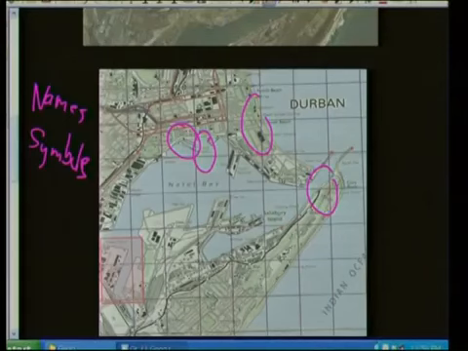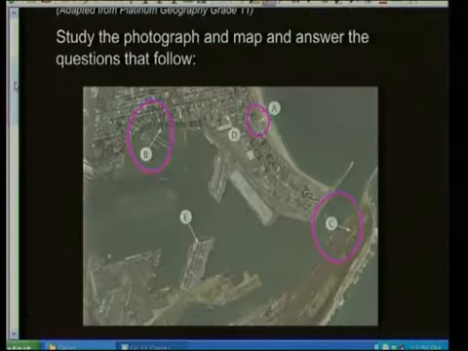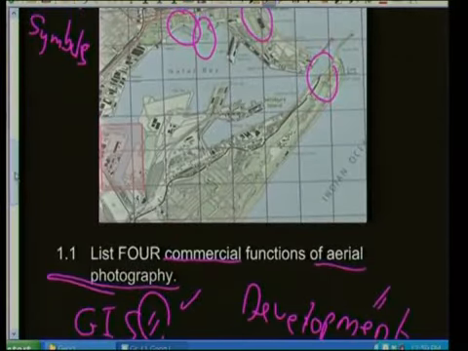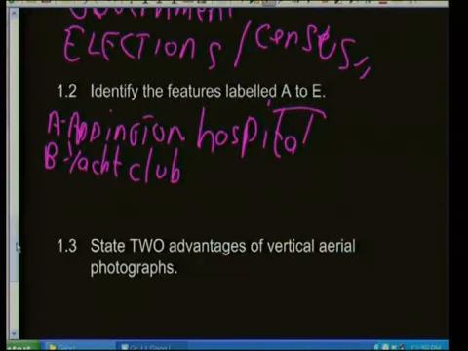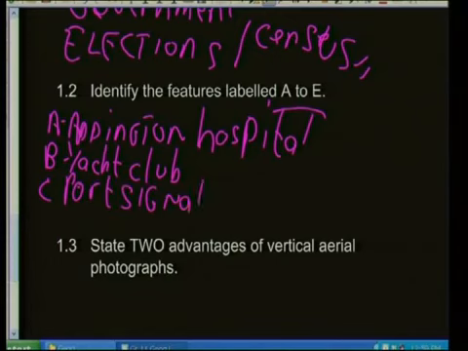I didn't see clearly there. I just used my magnifying glass and I managed to get that. So it is your port signal tower. Again, nothing on the photograph, information on the map. So I'm going to go there. C, port signal tower.